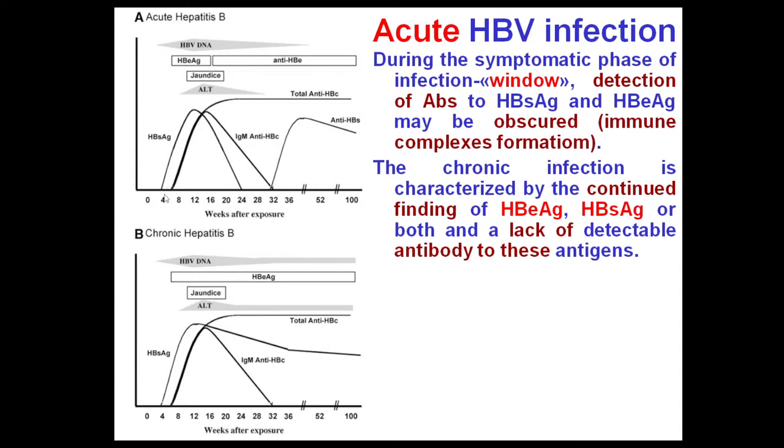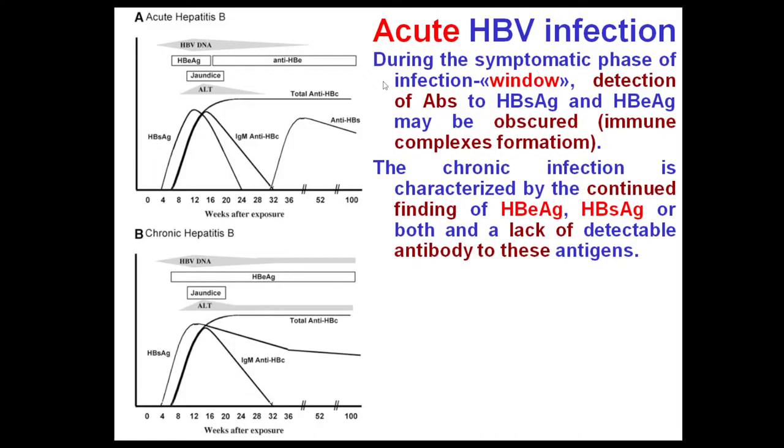So the thing is that during the symptomatic phase of an infection in acute hepatitis, we may have the so-called window period when antibodies are not produced yet. And also, when antibodies start to be produced, we may not find HBs antigen because the antigen-antibody reaction may cause the development of immune complexes.